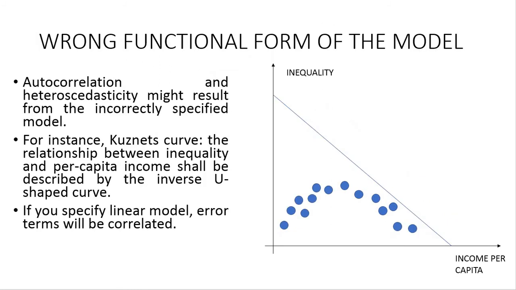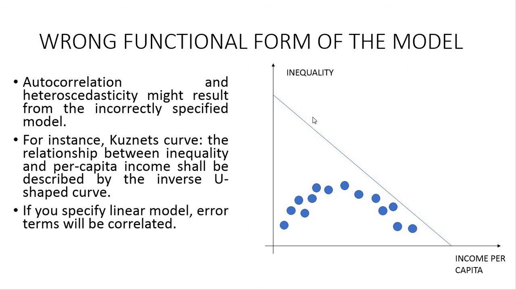Another reason is the wrong functional form of the model. You remember we discussed the Kuznets curve. The relationship between inequality and income per capita can be described by an inverted U-shaped curve. So, most closely, this trend can be depicted by an inverted parabola. That's why you should rather choose a polynomial regression model.